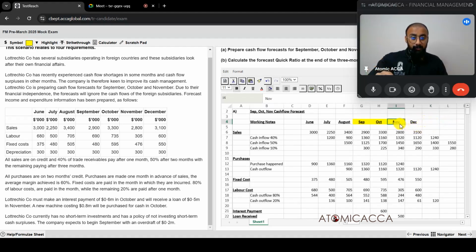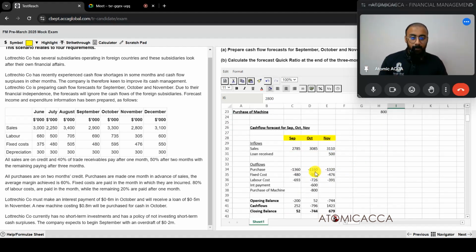So standing at November, September's 10% is pending. October's 50 plus 10, 60% is pending, and November's 100% is pending. So these are the figures we have.